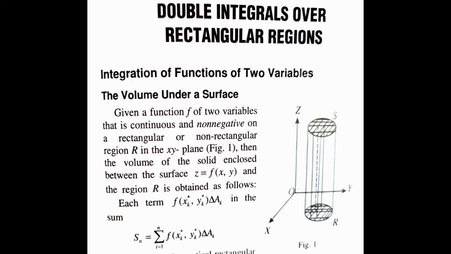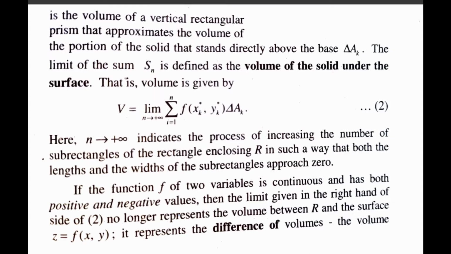Each term f of xk yk delta ak in the sum Sn equal to sigma i equal to 1 to n f of xk yk delta ak is the volume of a vertical rectangular prism that approximates the volume of the portion of the solid that stands directly above the base delta ak. The limit of the sum Sn is defined as the volume of the solid under the surface.